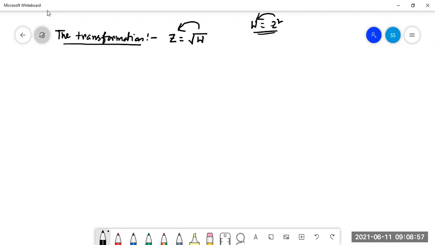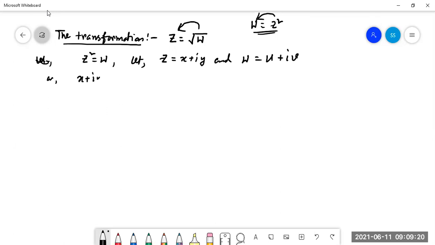So let us consider that Z square equal to W. Z equal to root W, so Z square equal to this. Let Z equal to X plus iY and W equal to U plus iV. Now put it here.